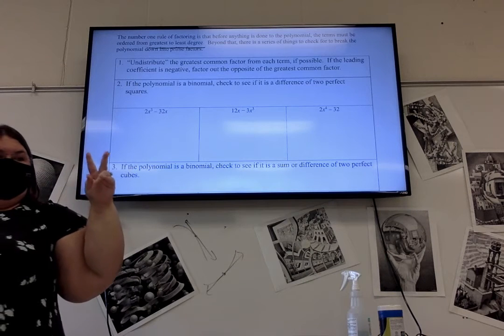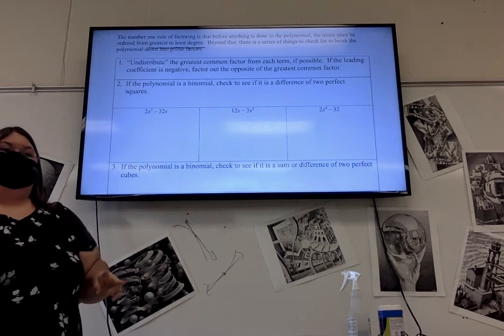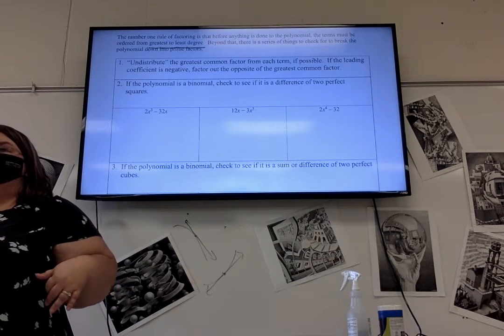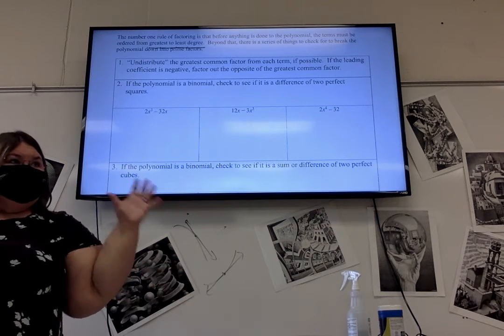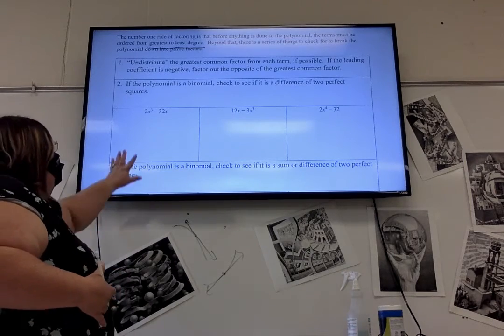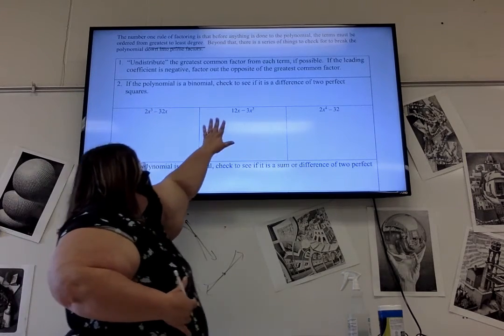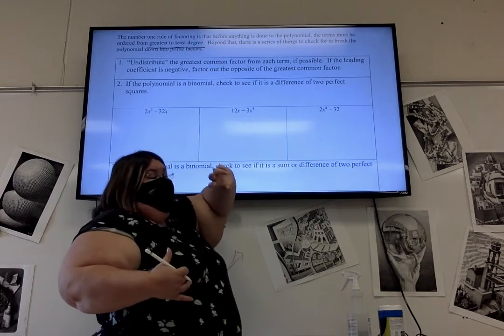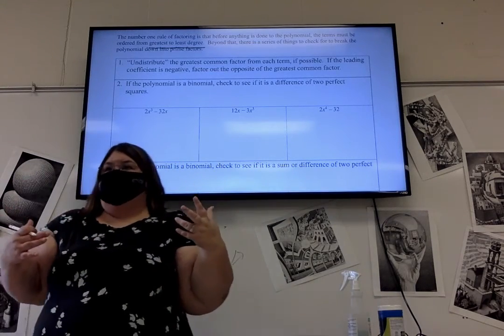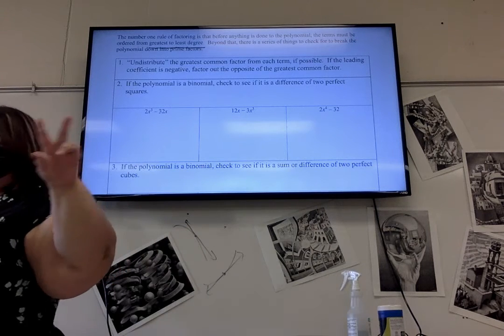So if we have bilateral, it means that it can be split in half into 2 equal parts. Bicycle means that it has 2 wheels. So binomial means that it has 2 monomials. It just means that you're adding and subtracting 2 things.